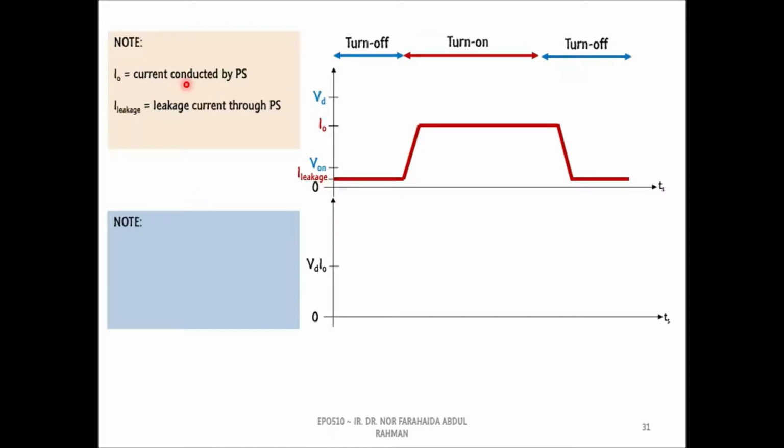Subsequently, we can sketch the waveform of voltage blocked by the power switch during the off state and voltage drop or on-state voltage during the on state as follows.